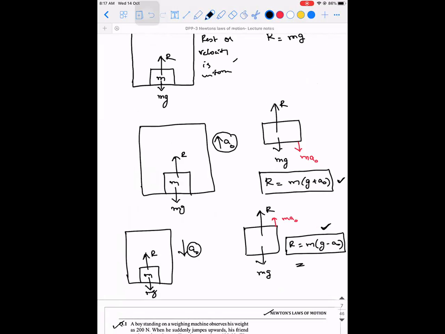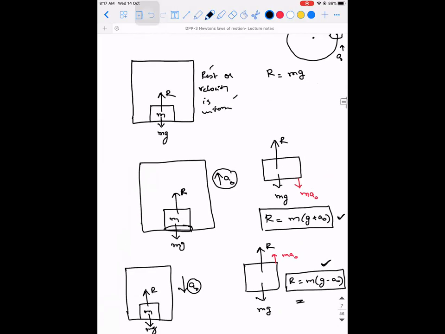Why I am saying your weight is because it is the reaction force that is shown if at all I have a weighing machine kept here. You would have actually experienced this in a lift also, but in a lift you cannot experience it much because it is not going to accelerate with a very high value.